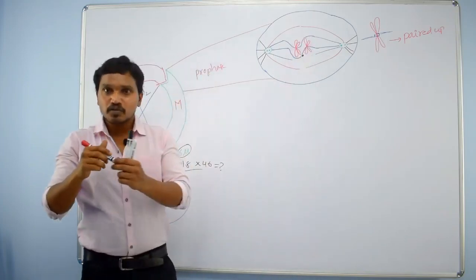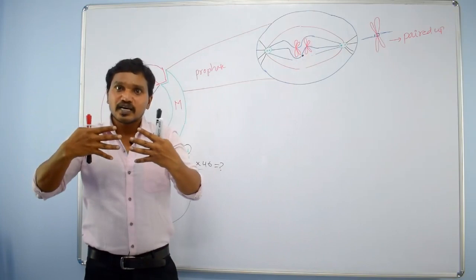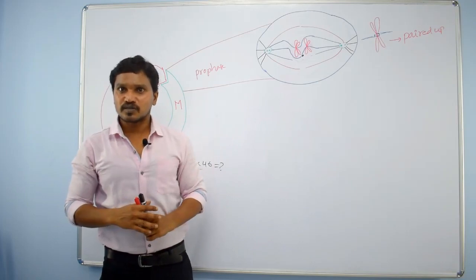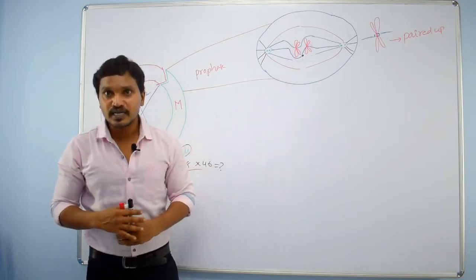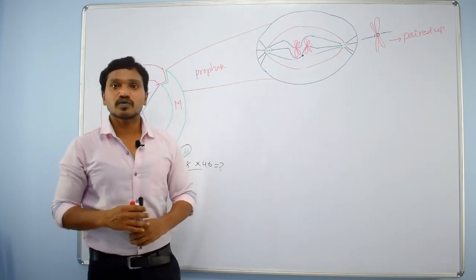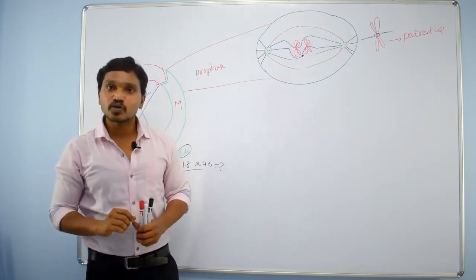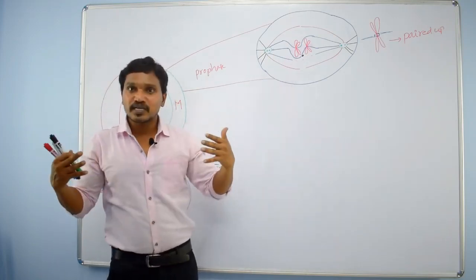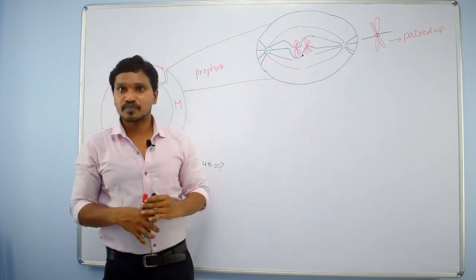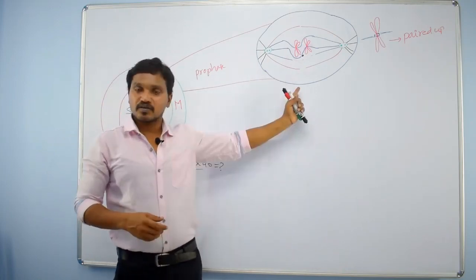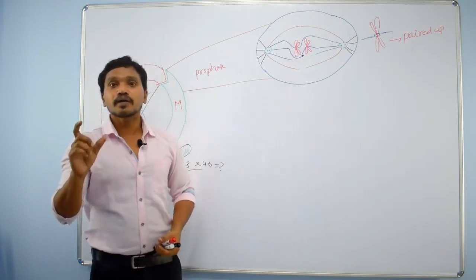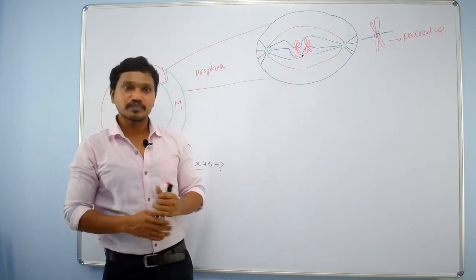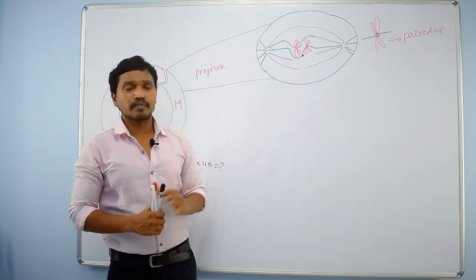These microtubules will pierce the nuclear envelope and attach to the kinetochore of chromosomes. That type of cell division, that type of mitosis, what we call closed mitosis. But here the nuclear envelope is disappearing and microtubules are entering into the nuclear space, right? So this type of mitosis, what we call open mitosis. Clear?